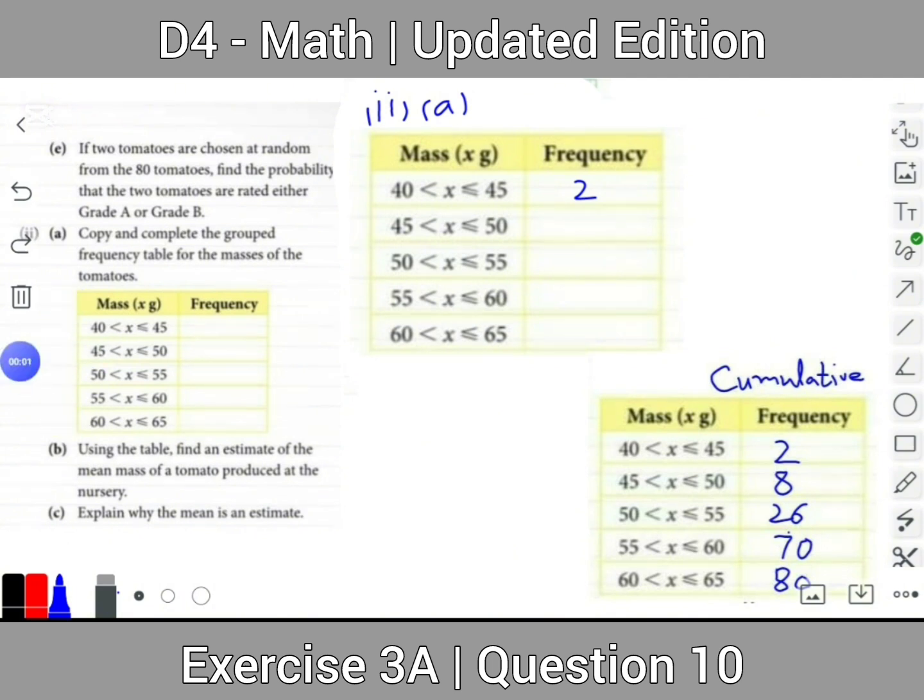To find the frequency for the class interval 45 to 50, subtract the cumulative frequency of the previous class interval 40 to 45 from the cumulative frequency of the class interval 45 to 50. So 8 minus 2 will give us the frequency of 6.